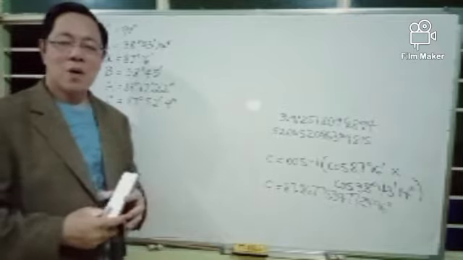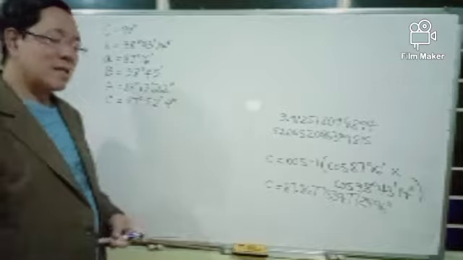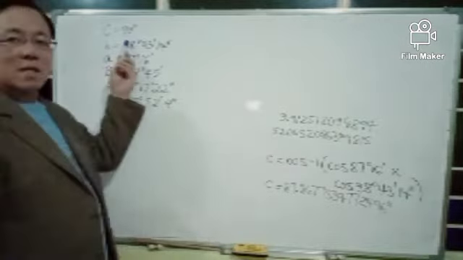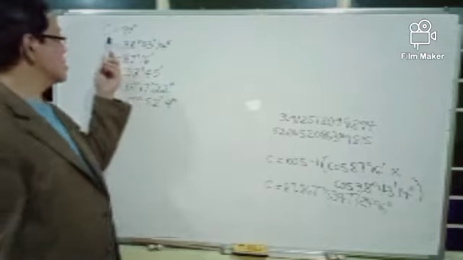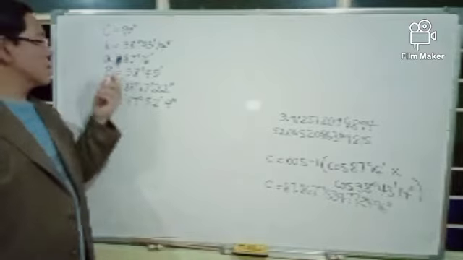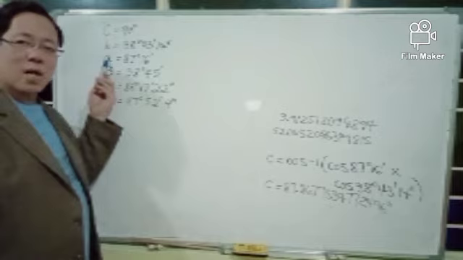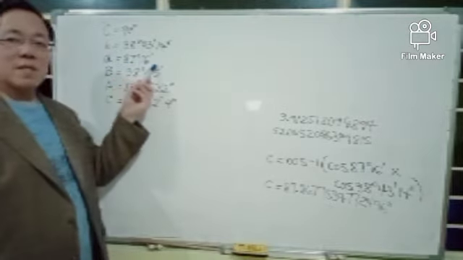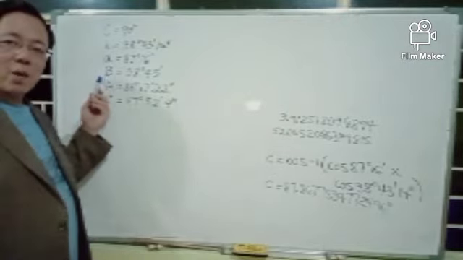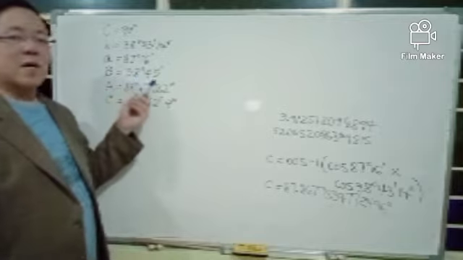Now we have found all the unknown parts of the given right spherical triangle. In the given right spherical triangle, the right angle is at the surface angle C, or the included angle C. The side small a is given as 87 degrees 16 minutes, and the surface angle B is given as 38 degrees 45 minutes.